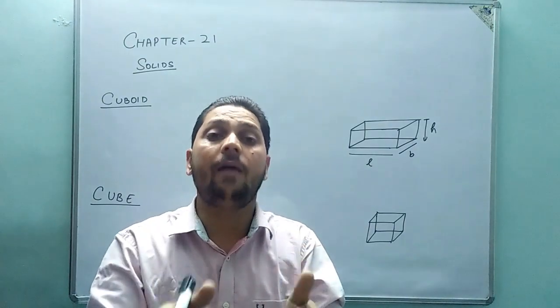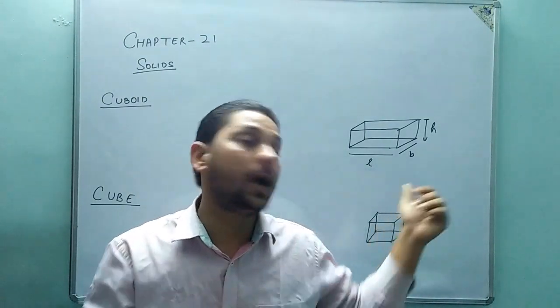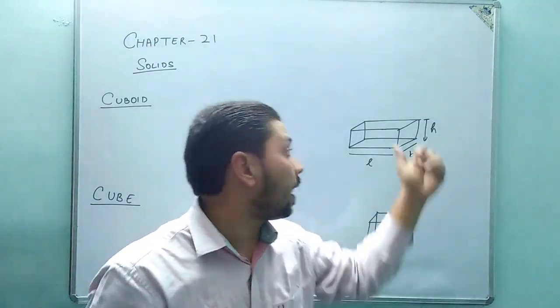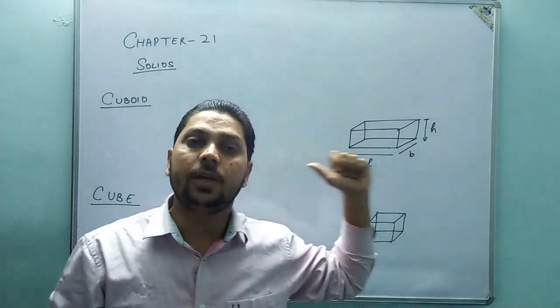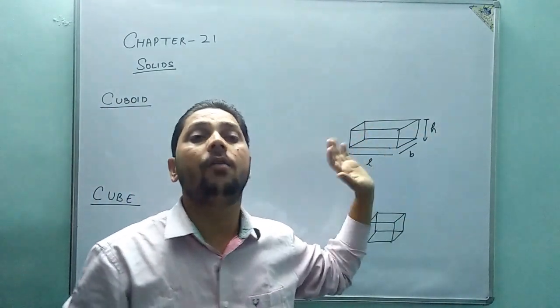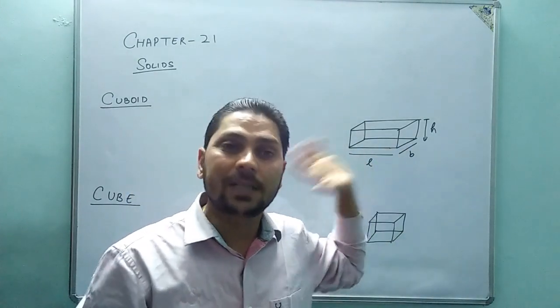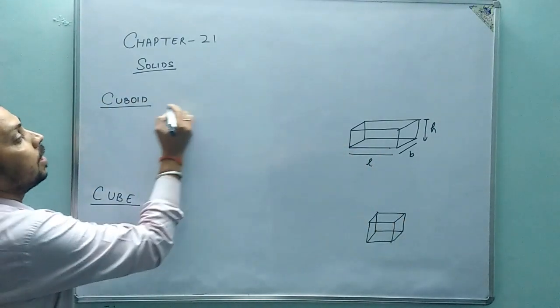So we have to find the surface area of that particular cuboid. If we have to calculate the total surface area, then we will calculate the area of each rectangle. So the total surface area of the cuboid will be equal to the sum of the six rectangular faces. How will we write it?